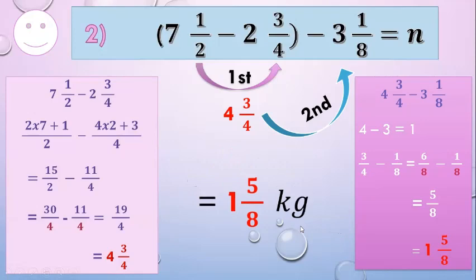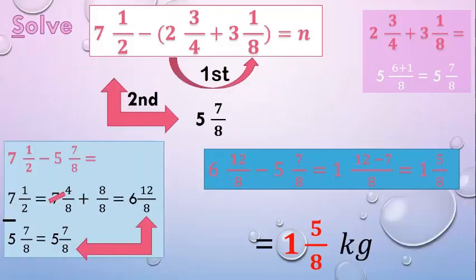Oh, is it the same with the answer in our equation 1 or the number sentence 1? Let's check. I'm nervous. Oh, there you have it. So this is the equation 1. Can you still recall? And the answer is 1 and 5/8 kilogram.